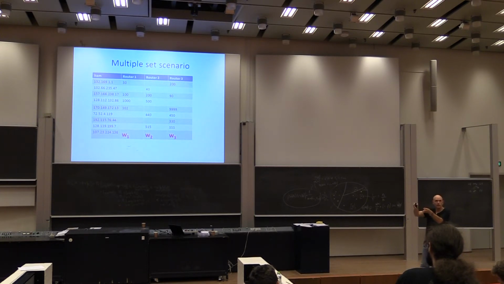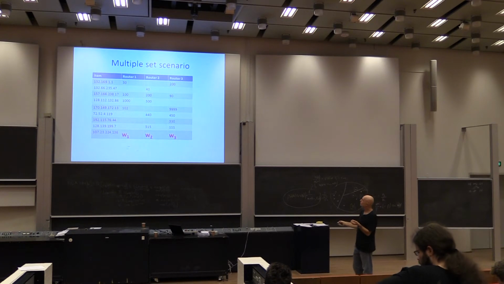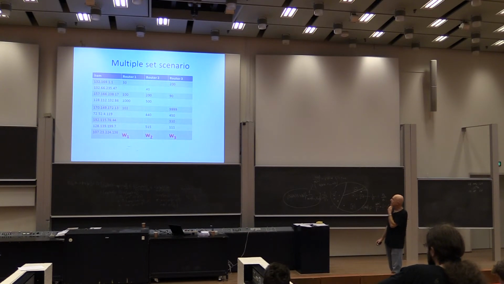Every router sees a different fraction of the flow, but it's still the same item, right? The same item, but now it has weight 1 when it goes through router 1, weight 2 when router 2 sees the item, and weight 3 when router 3 sees the item.